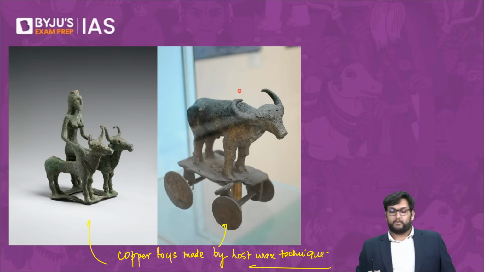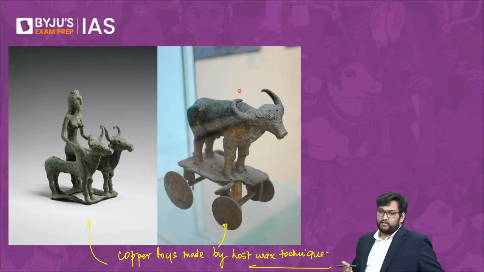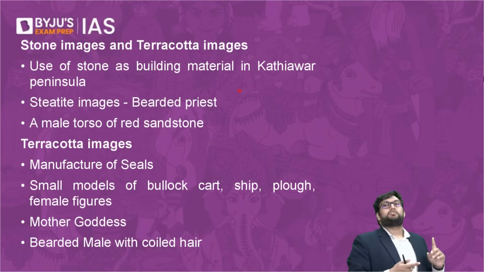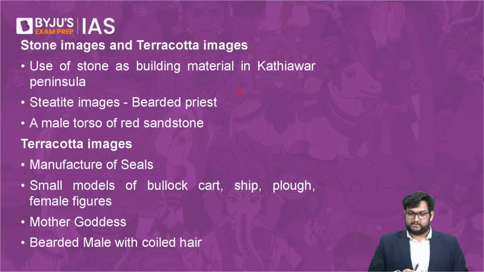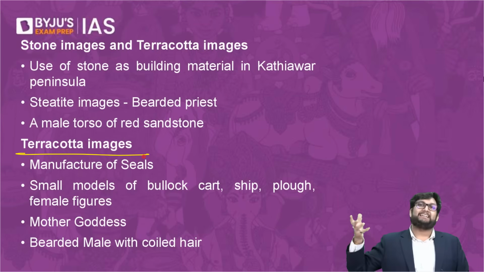Now, very simply, this is not the only manifestation of their understanding. Their next manifestation is that they were also making stone and terracotta objects. Terracotta is basically clay, what you find outside in your house. That is basically sand and clay.